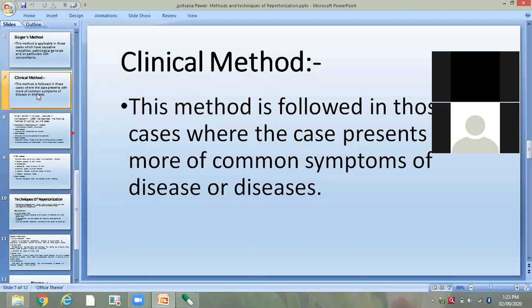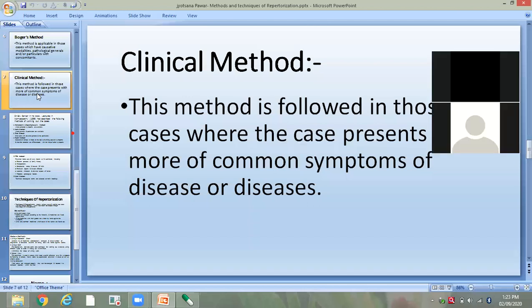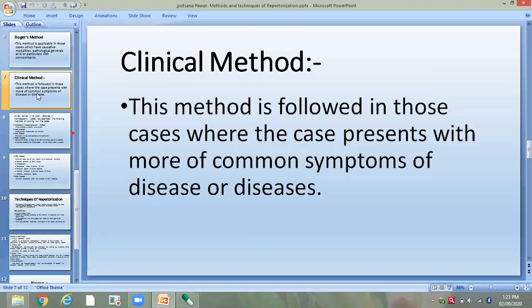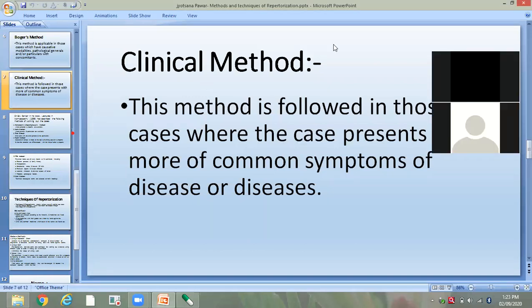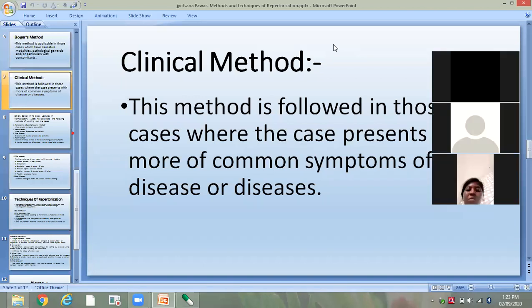Then the fourth method is the clinical method. This method is followed in those cases where the case presents with more common symptoms of a disease or diseases. Means when we use the clinical repertories, when we cannot get any uncommon symptoms, we get only common symptoms related to the disease condition.